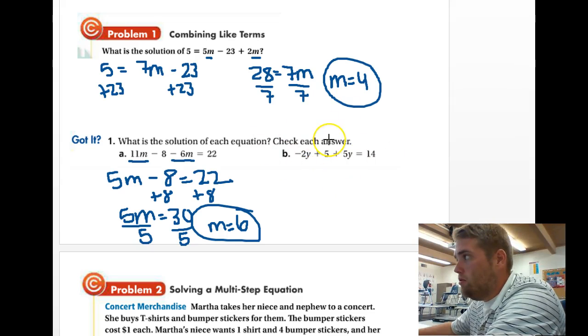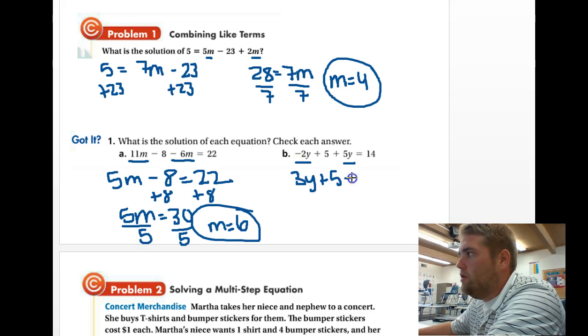On my next problem, once again, identify your variables, negative 2y and 5y. Well, 5y minus 2y gives me 3y plus 5 equals 14. I'm going to subtract 5, so 3y equals 9.